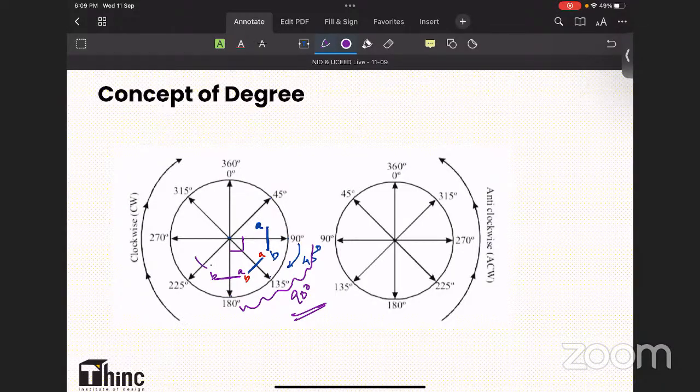Another 45 degree rotation will take us to this. Now you can see that the position of A is occupied by B and B is occupied by A. You can call this 180 degree rotation a flip. When it is a 180 degree rotation, things have been flipped. This is how rotation is working.